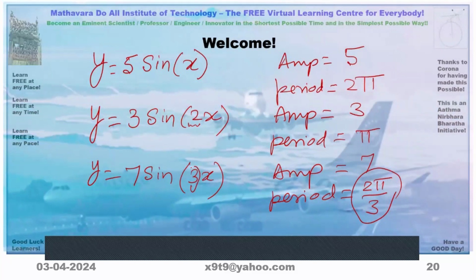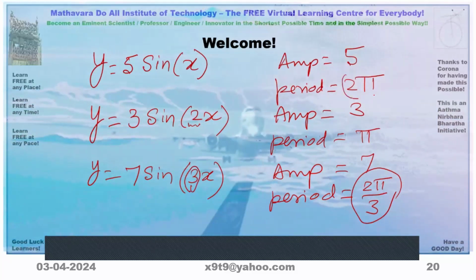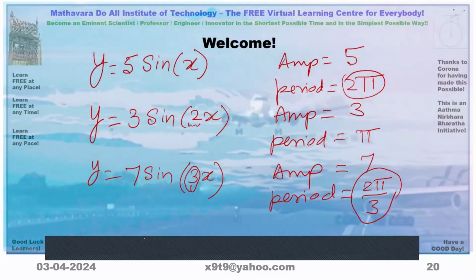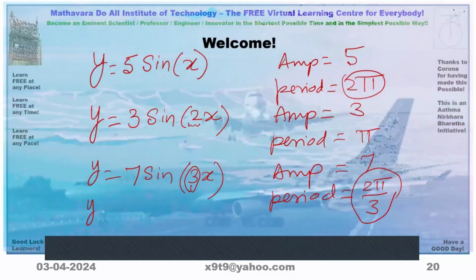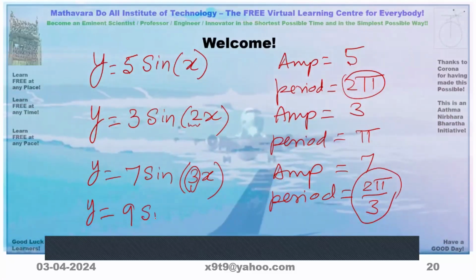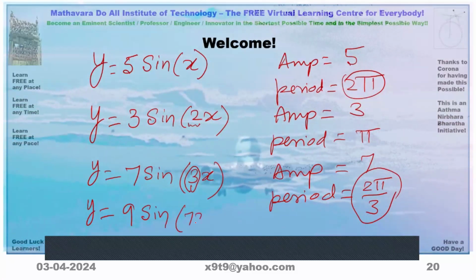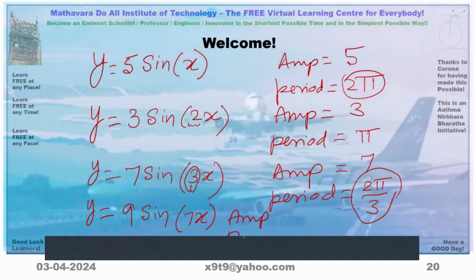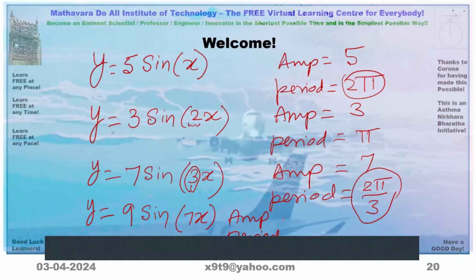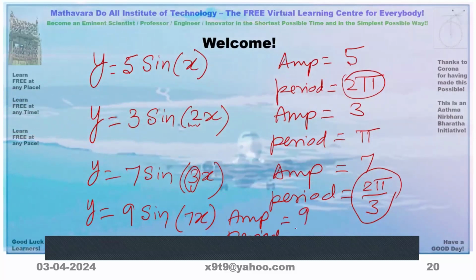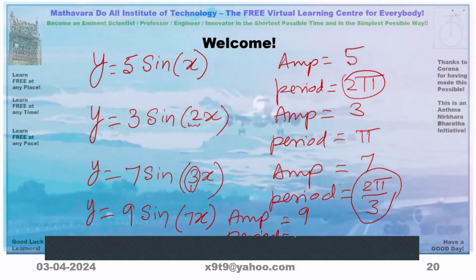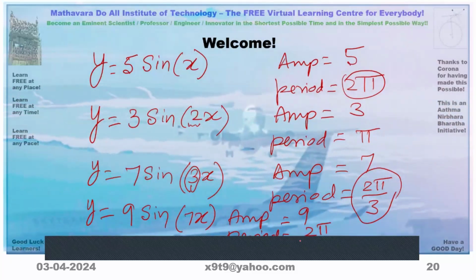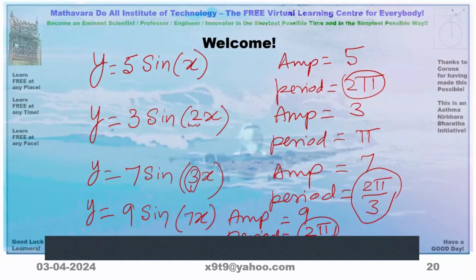So this number, you will be dividing the 2 pi. See, y is equal to 9 sine 7x. What is amplitude? What is period? The amplitude is 9 and the period is 2 pi over 7. Correct. That is what is required.